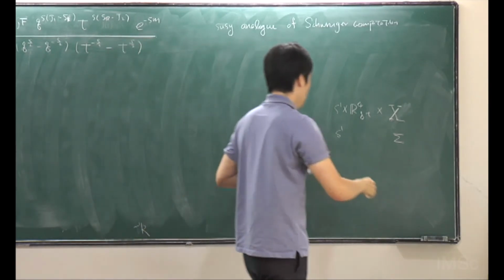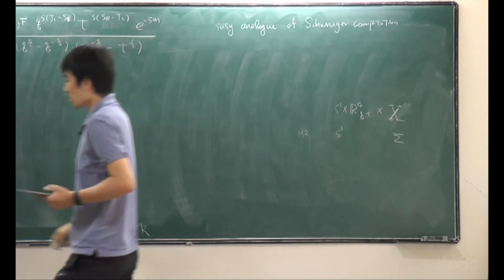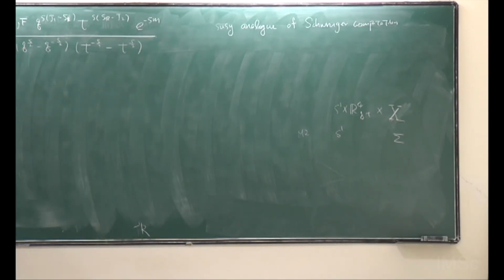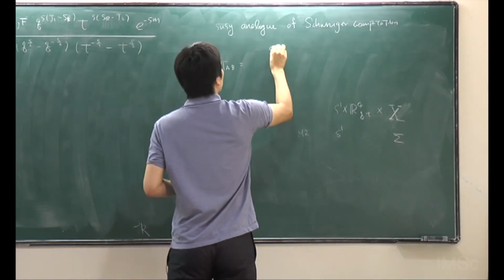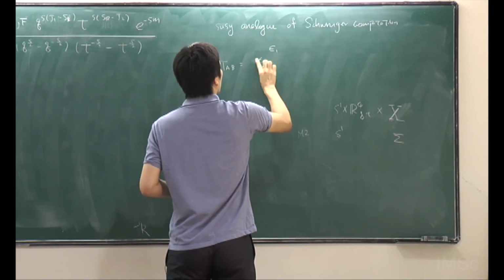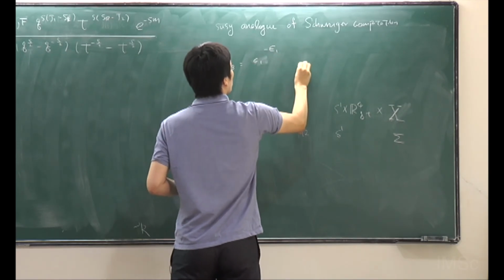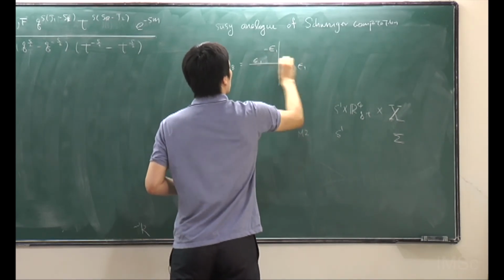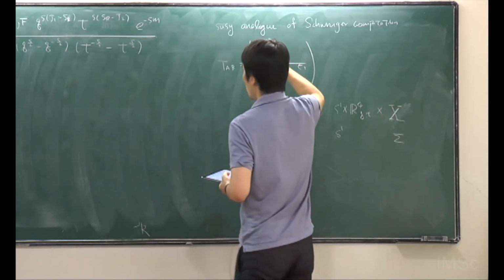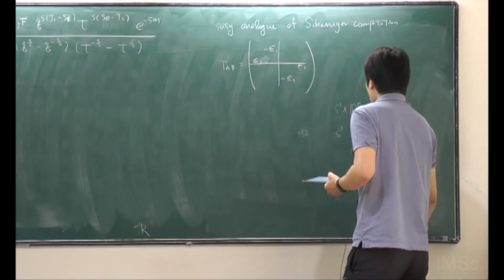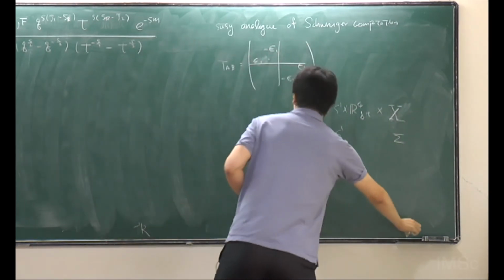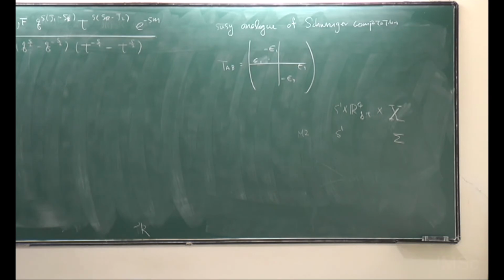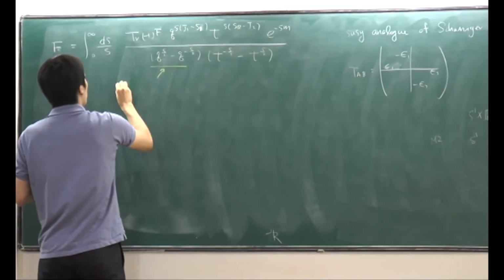So we have the epsilon plane taking the following form: epsilon 1 minus epsilon 2, epsilon 1 and epsilon 2 minus epsilon 2. And this is the Q plane. And from the Q plane, this part is a Schwinger computation.